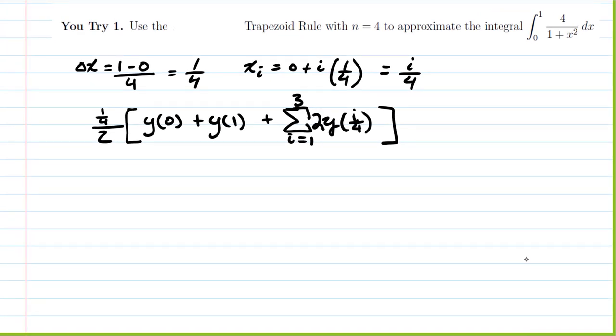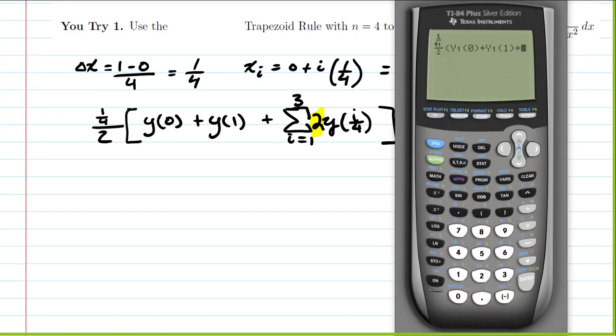That's why we had to break up the sum. Trapezoid rule has a 2 in it, so don't forget this 2 when we put in our formula. And then we go sigma, alpha window, our sigma notation as i goes from 1 to 3 of 2 times alpha trace y1 of i divided by 4.